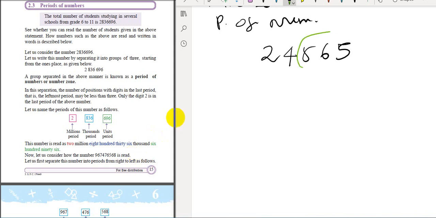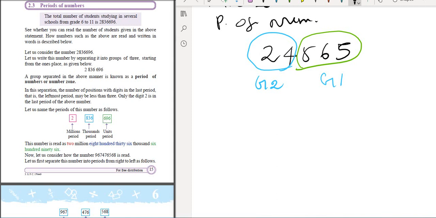This is group 1 and this is group 2. If there's no third number, don't worry about that. You have to separate for the given numbers only. We are separating from right to left, from the last digit: ones, tens, hundreds.